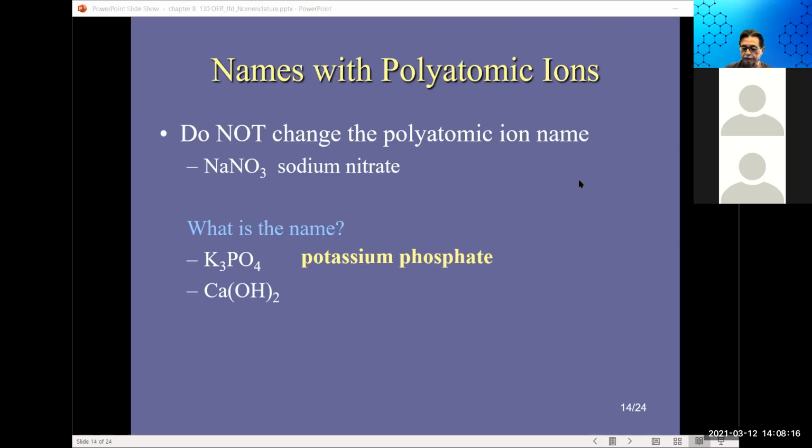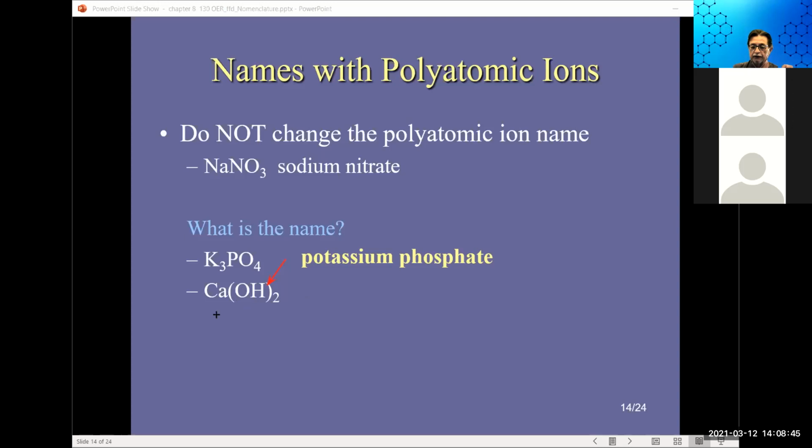Okay. And we got this one here. We got Ca, which is calcium. We got a parentheses. The parentheses is a good flag for you to go to the polyatomic ion table. Because remember, when we need more than one polyatomic ion, we need parentheses.